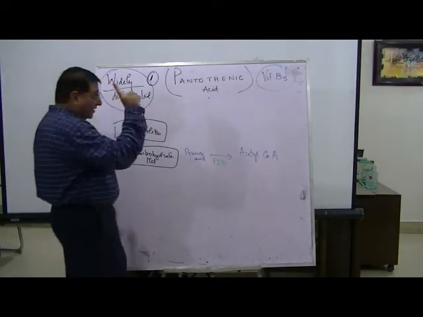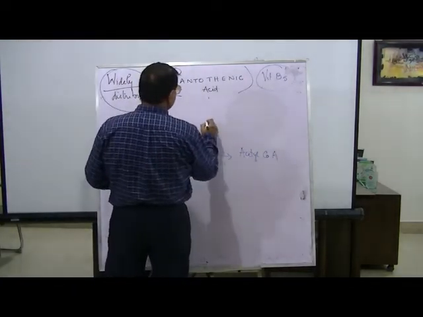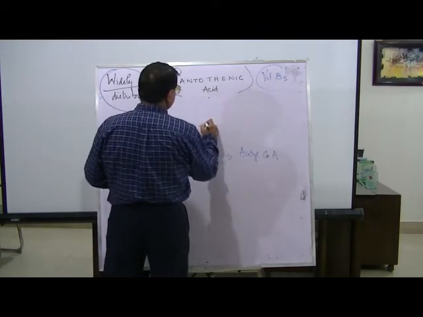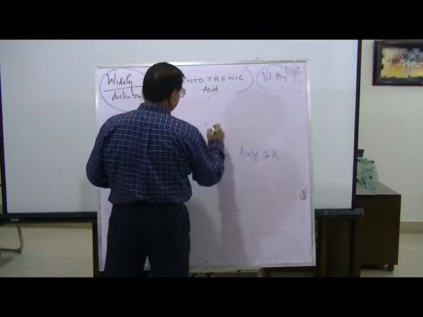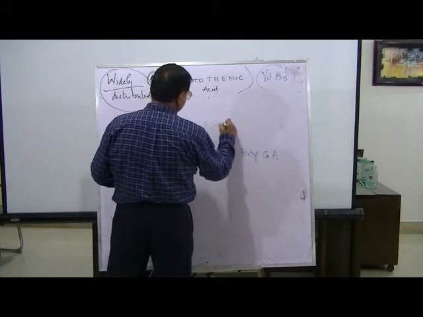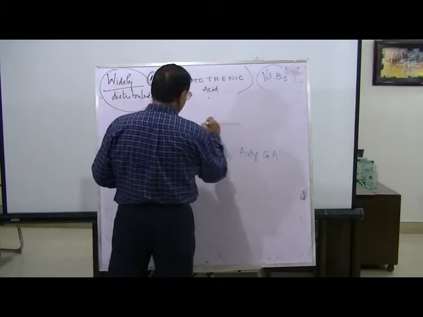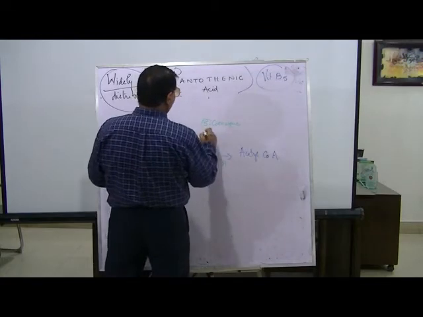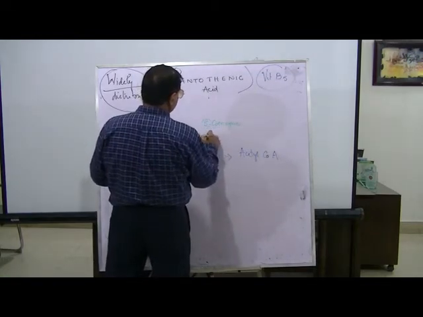And there are 5 coenzymes. Out of the 5 coenzymes, 4 are vitamins.